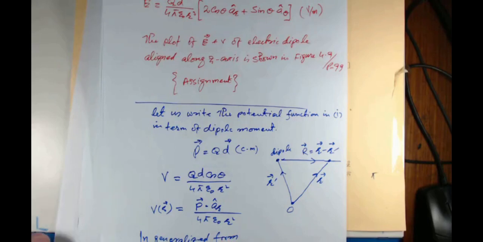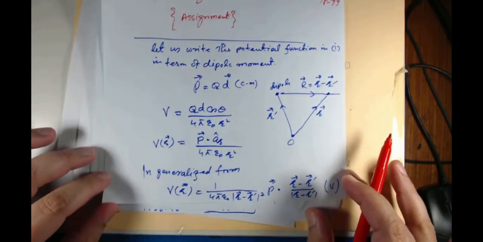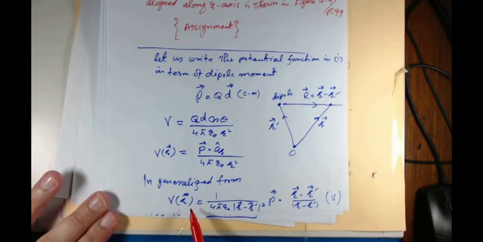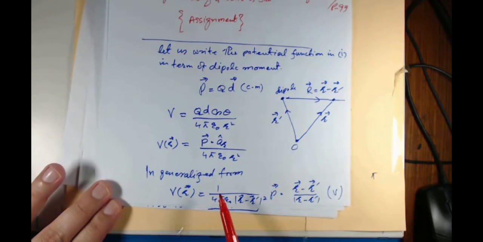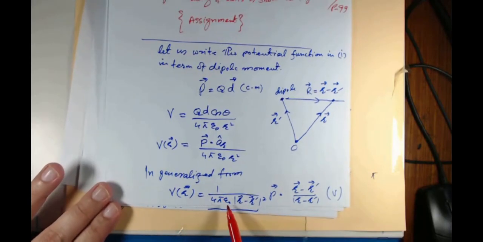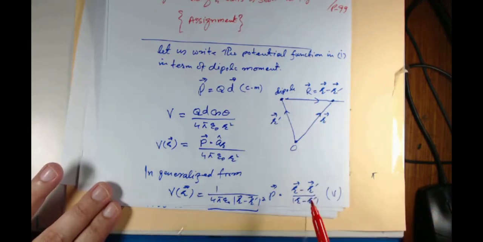Or in generalized form, you can write the above expression as V as a function of r, which is equal to 1 upon 4 pi epsilon naught times the magnitude of r minus r prime whole square, times P, the dipole moment, dot the unit vector, which in this case is r minus r prime.